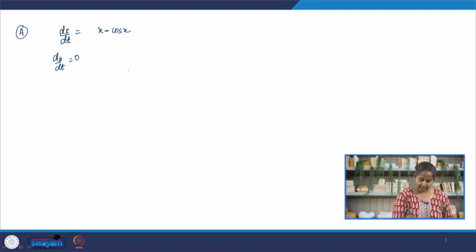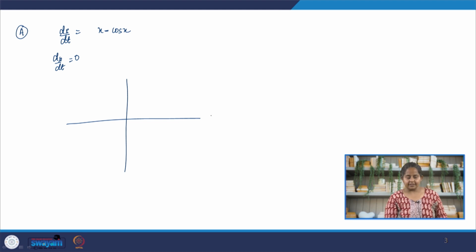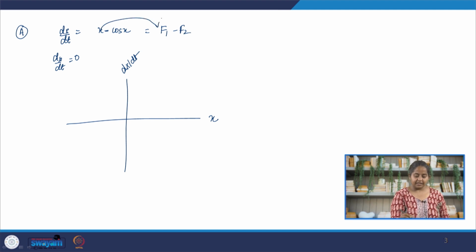So let's do this. We are first drawing the phase portrait. On x-axis we have x, and on y-axis we have dx by dt. dx by dt equal to x minus cos x can also be treated as the first function minus the second function, where the first function is x and the second function is cos x.